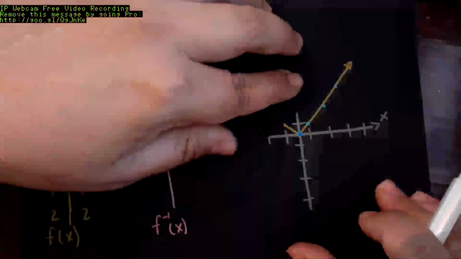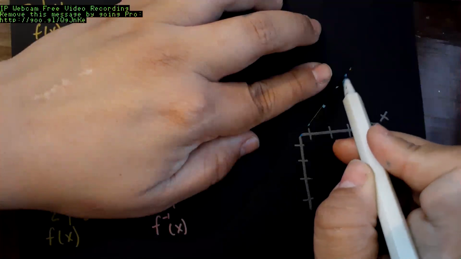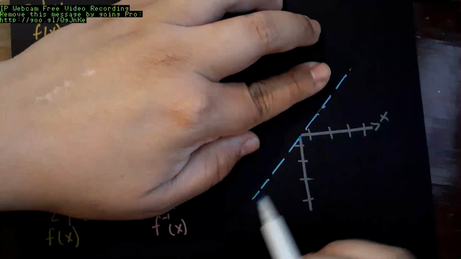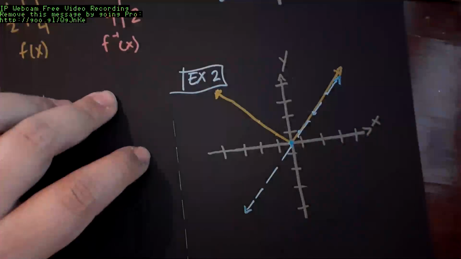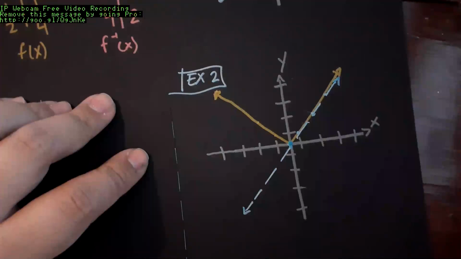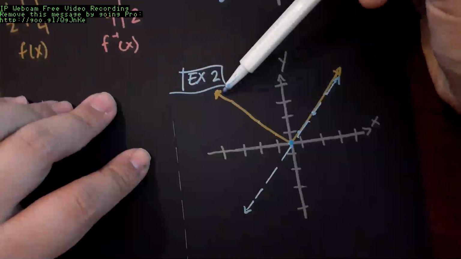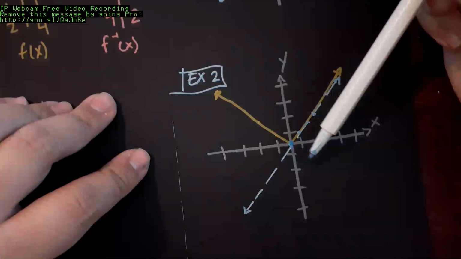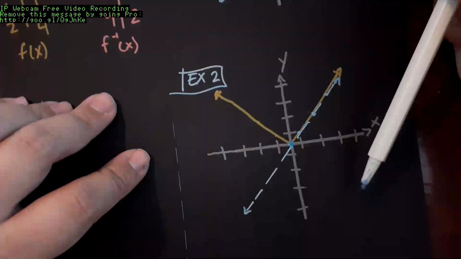And that's what my line is going to look like. So let me go ahead and fill that in. I'm just going to make a dotted line. Okay. So if I were to reflect this graph over the y = x line, all I would need to do is, it looks like, just reflect this line over into our fourth quadrant, right?